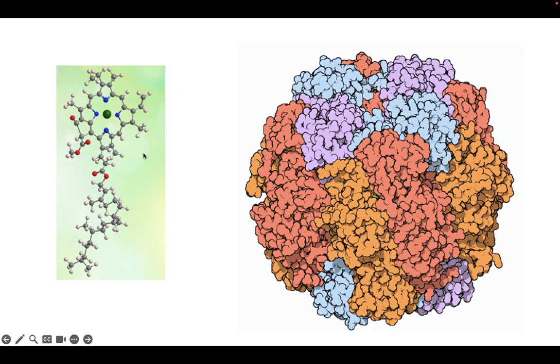Now, these two pictures are not on the same scale. An enzyme is a relatively large molecule, whereas chlorophyll is much smaller. But this is just to give you an idea of the complexity of some of these molecules and substances involved in the process of photosynthesis.